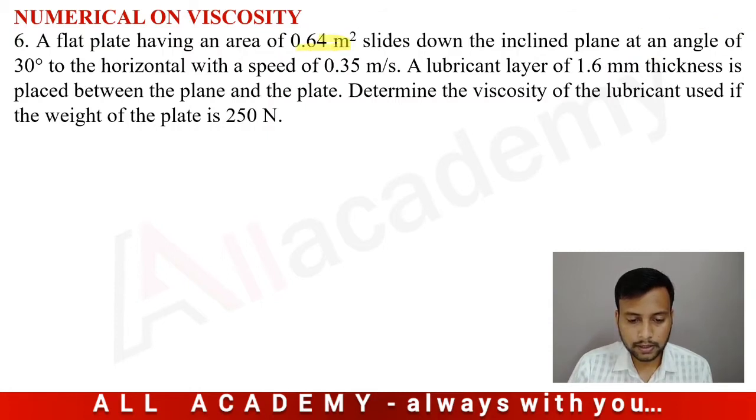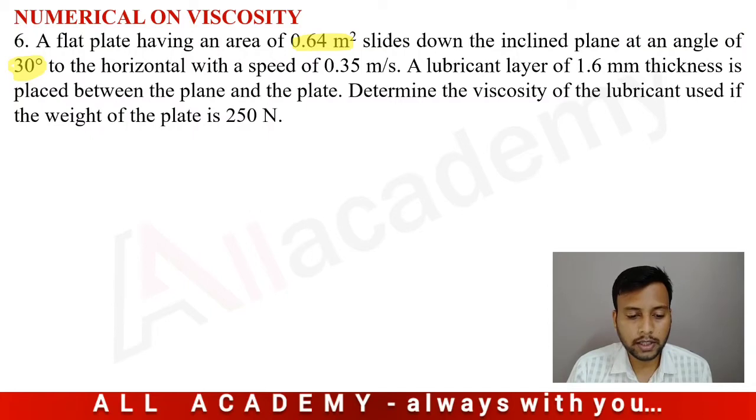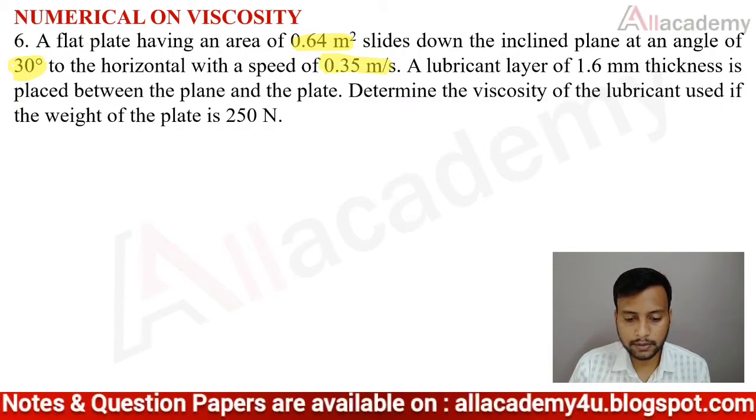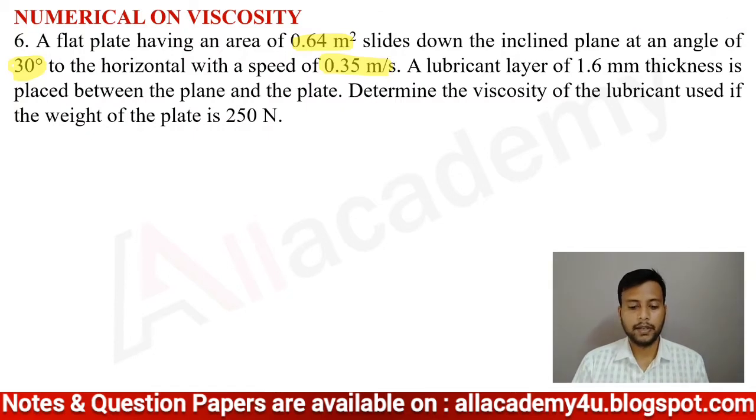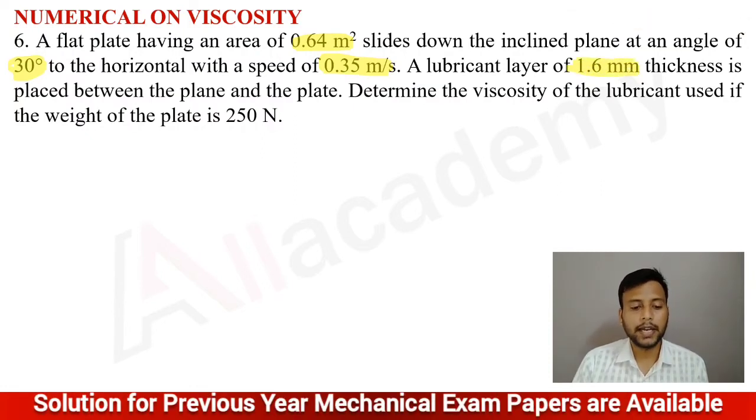So it is a small plate having an area of 0.64 which is at an inclined position, at 30 degrees to the horizontal plane, with a speed of 0.35 meter per second. Now a lubricating oil of 1.6 meter cube thickness is placed between the plane and the plate.